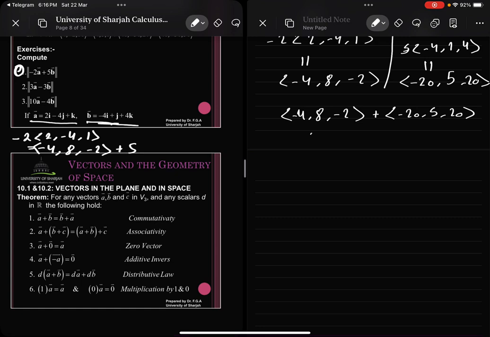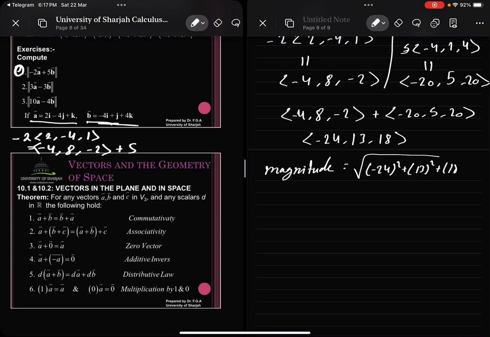Negative 4 plus negative 20 is negative 24, 8 plus 5 is 13, and negative 2 plus 20 is 18. And then the magnitude is the square root of negative 24 squared plus 13 squared plus 18 squared.